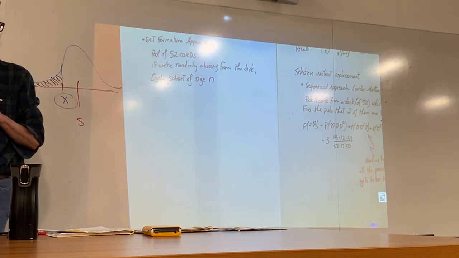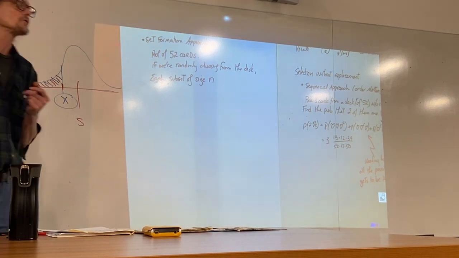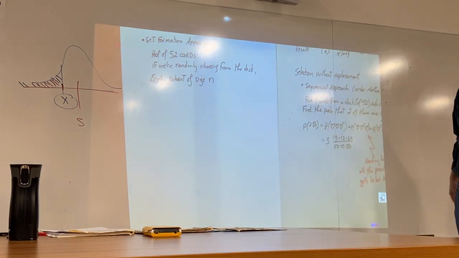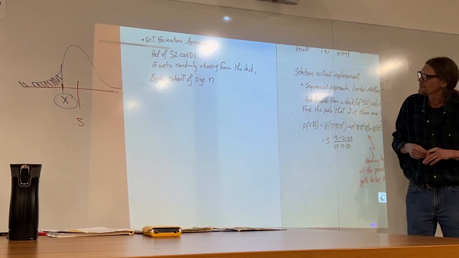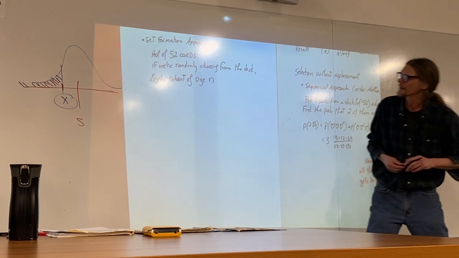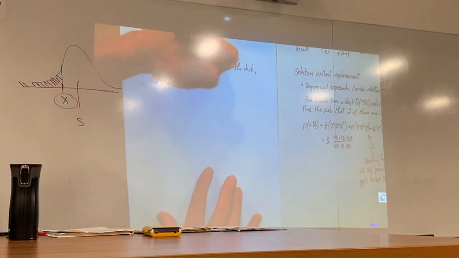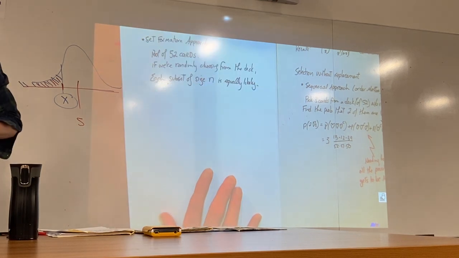All the subsets are equally likely. You might get these 3 cards, you might get those 3 cards. The chances of getting three cards with a 1, 2, 3 in it are the same as the probability of 3 cards with a 4, 5, 6 in it. And so each subset of size n is equally likely, right?